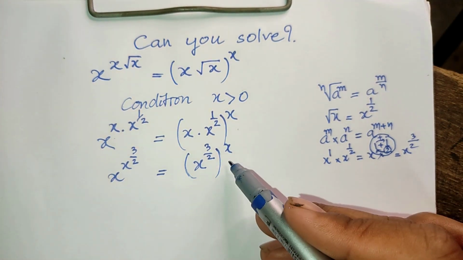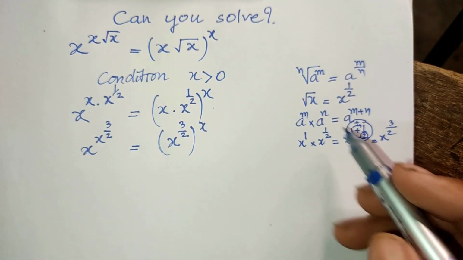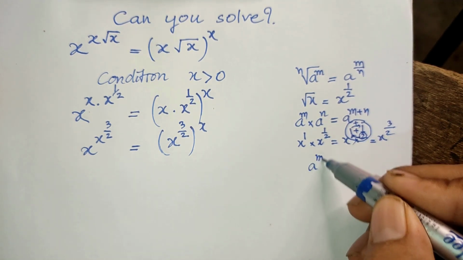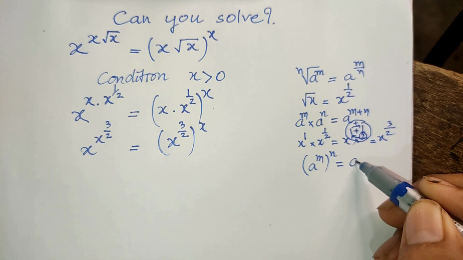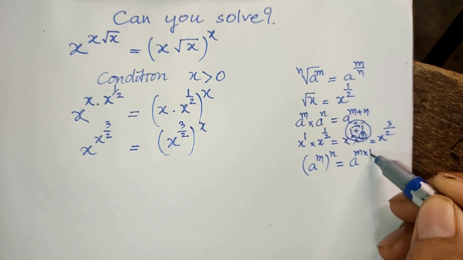And now we just derived that a power m all power n is equal to a power m multiplied by n.